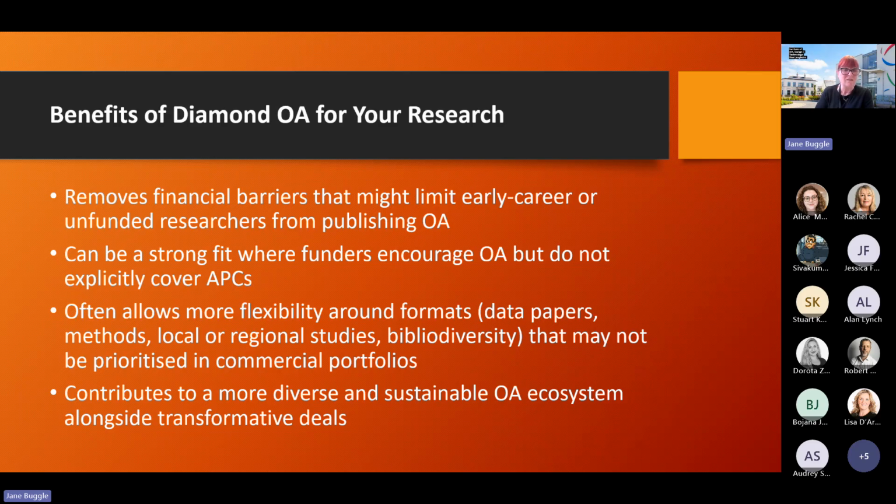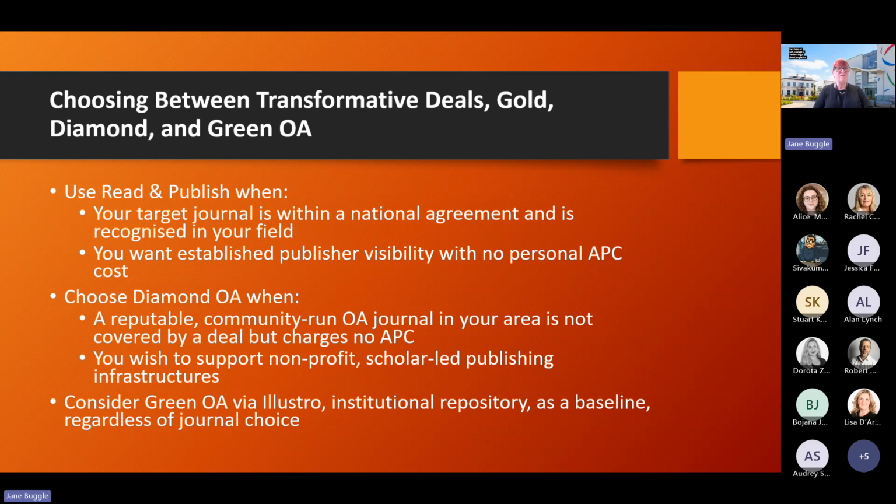And I would personally say that Diamond Open Access moves the dial forward in creating a more diverse, equitable and sustainable OA ecosystem. So, choosing between transformative deals, gold, diamond and green OA. Use the read and publish route where your targeted journal is within the agreement and is recognised in your field, and also if you want an established publisher's visibility with no personal APC cost.